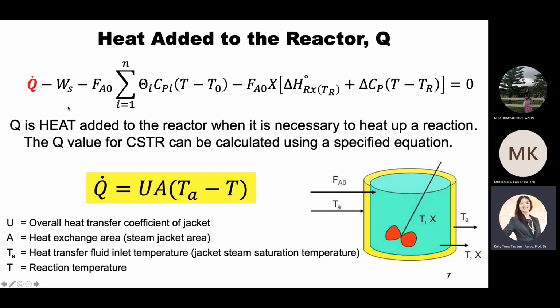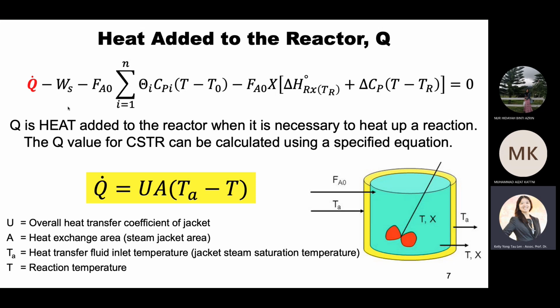Okay, so in the case of calculation of Q, Q ni pun kamu kena faham, kita nak kira how much heat added to the reactor. Okay, it's also not straightforward. Dia ada equation dan equation ni akan berbeza mengikut the types of reactor. Sebab tu, for this chapter 6, non-isothermal, I will only cover CSTR.